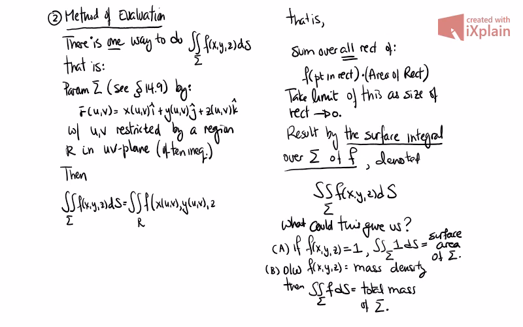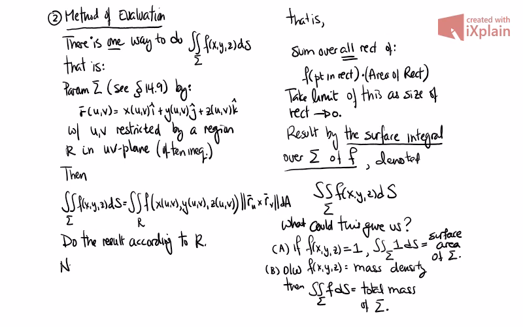Everywhere we see z, z of u,v. And then we multiply by the magnitude of the cross product of the partial derivatives of r. And this is dA. And then we do the result according to what R looks like.